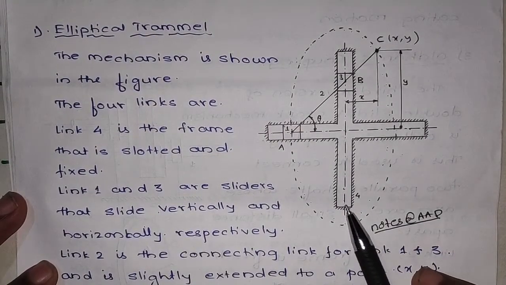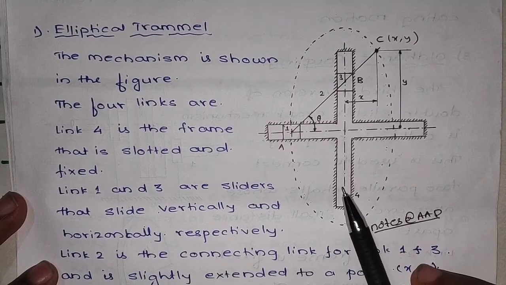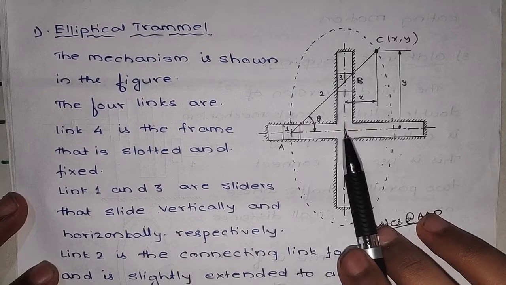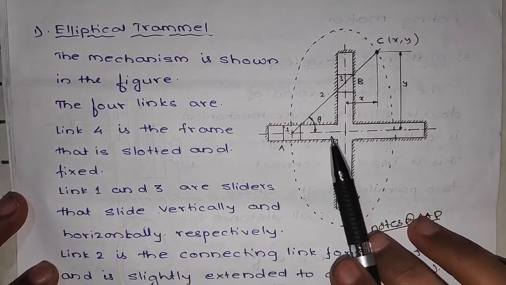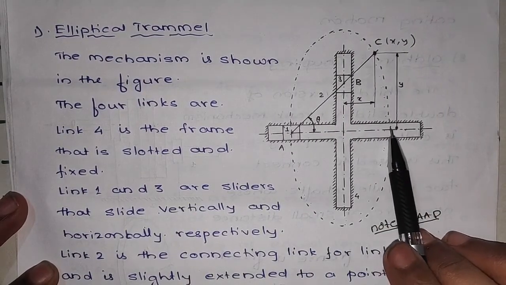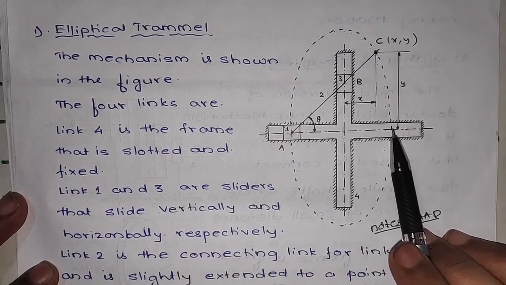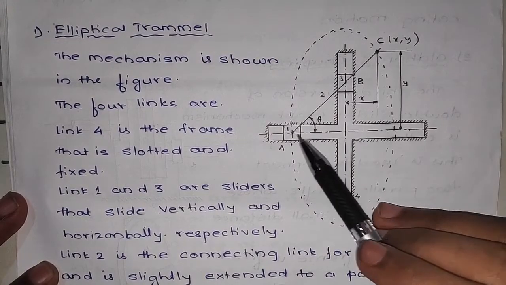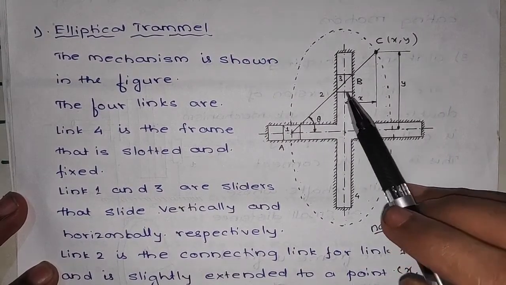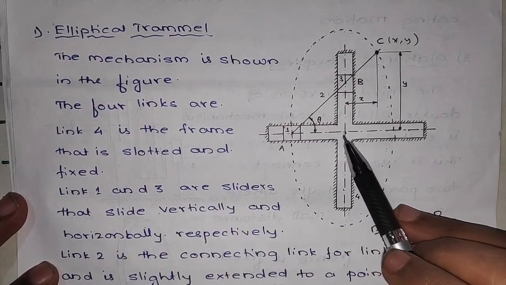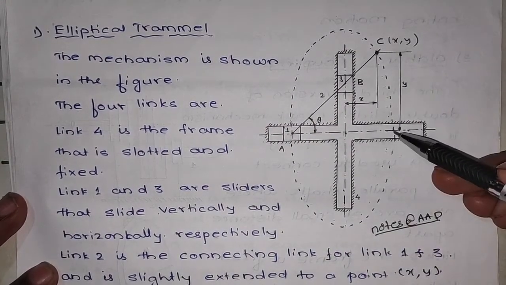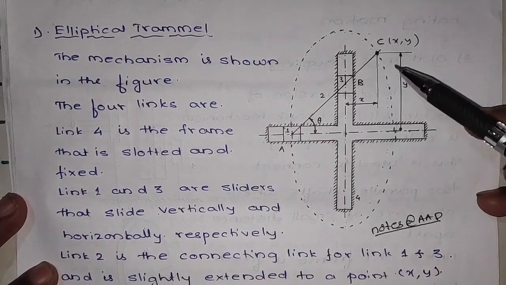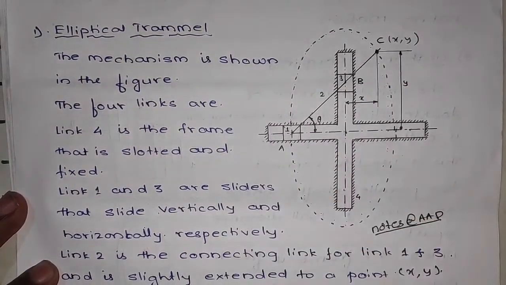Next, as this slider from the top starts again sliding upwards, the horizontal slider from the center will slide towards the left, and thereby point C will reach this position. At this position it will again trace a quarter of the ellipse, and then when this slider goes again on top and this slider comes in between here, the point again moves on top and it completes a complete ellipse. So this is the elliptical trammel.